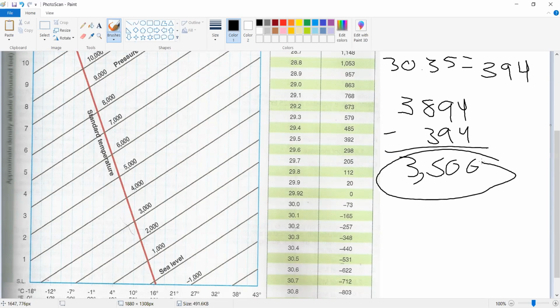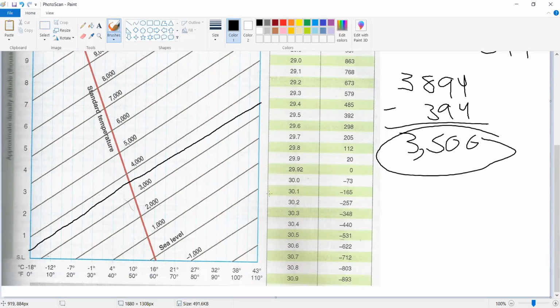Our pressure altitude 3,500 goes, well, more or less something like that. All right, that's our 3,500. That is our pressure altitude.